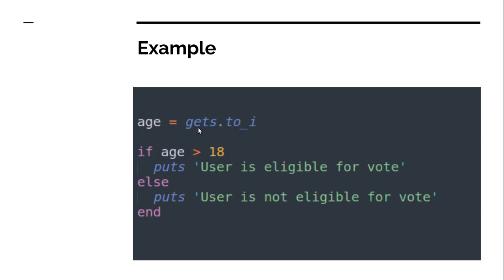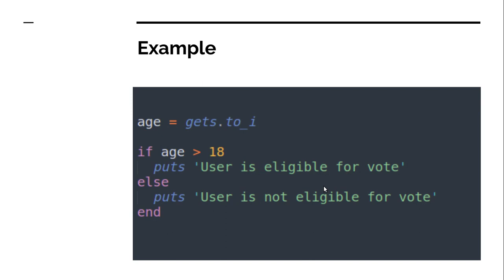Then I'm checking that if the user has an age of 18, then the user is eligible for vote, or whether the age is greater than 18. Now you can make a condition like age greater than or equal to 18, then the user is eligible to vote, else the user is not eligible to vote.